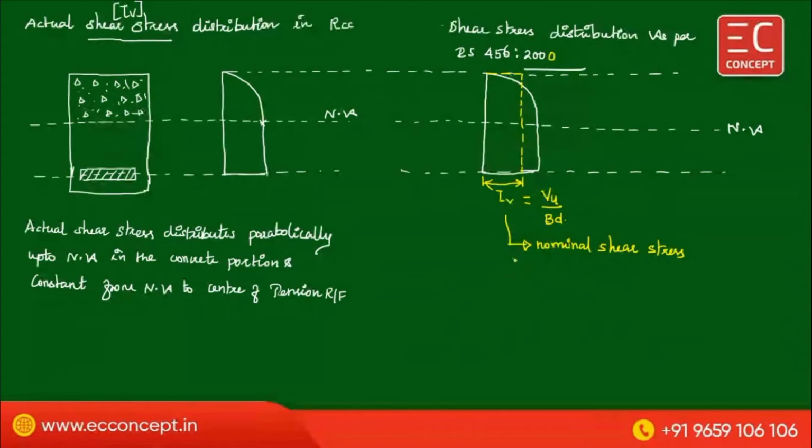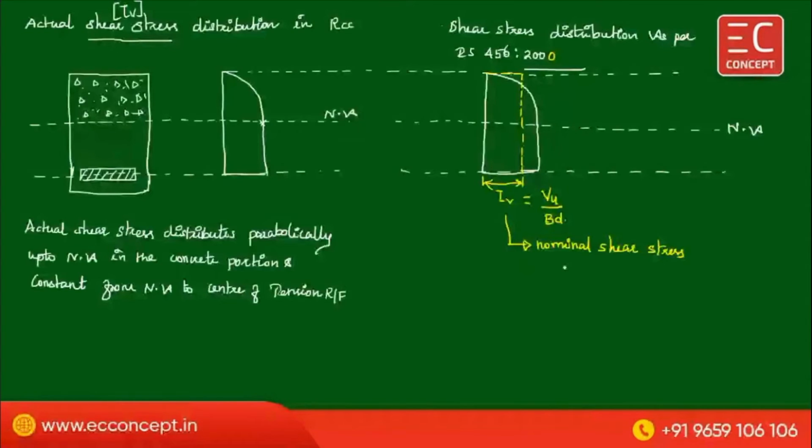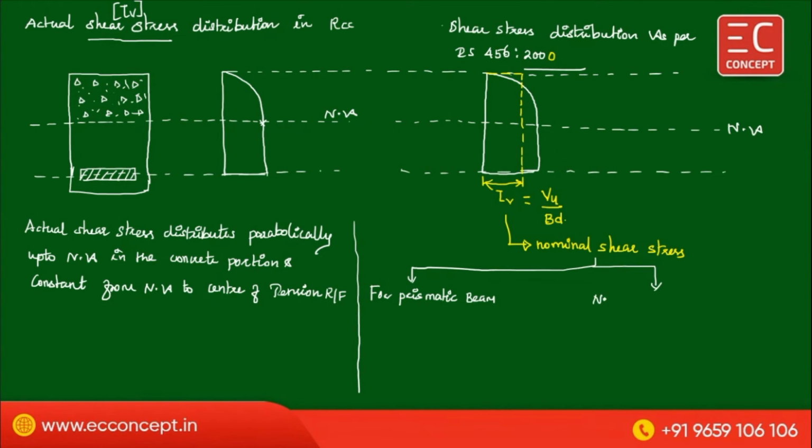Okay, the first one is nominal shear stress for prismatic beam and for non-prismatic beam.